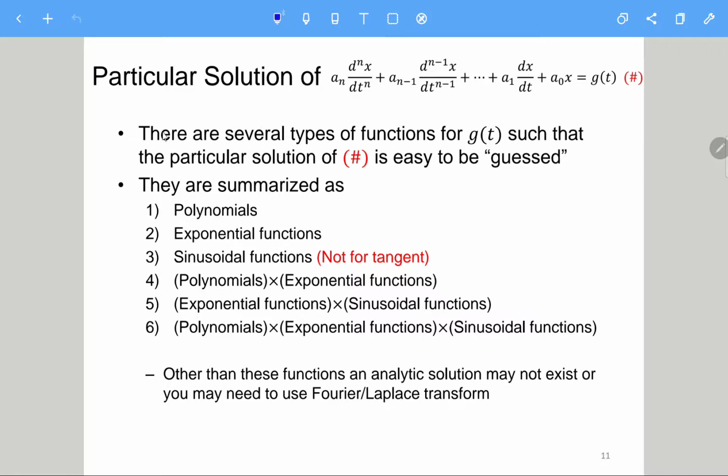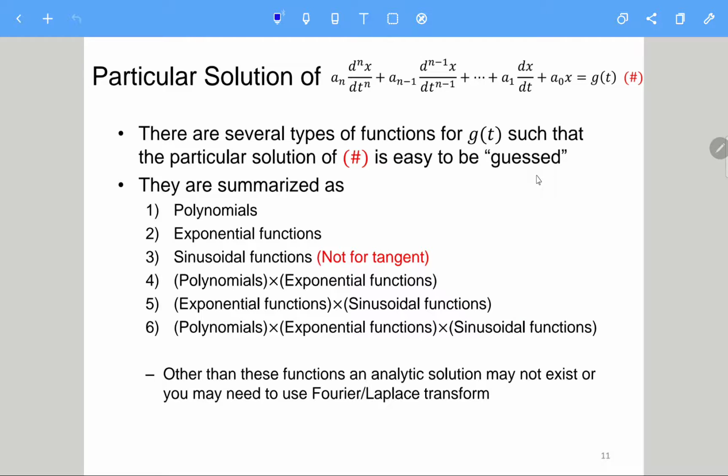And yeah, there are six types of function summarized here, for which we will be able to assume the particular solution for g of t. So there are several types of functions for g of t such that the particular solution is easy to guess.